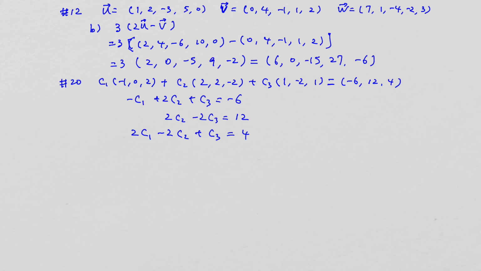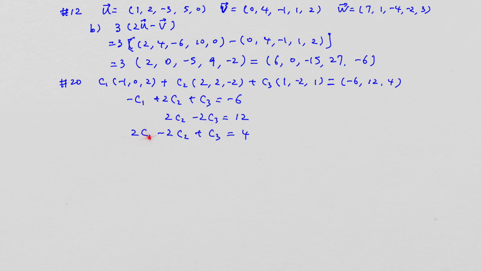What I did was I just used regular elimination instead of Gaussian elimination, because Gaussian elimination requires writing out the matrix and all that. But this is not a difficult system to solve. You can see that the second equation only has C2 and C3, it doesn't have C1.